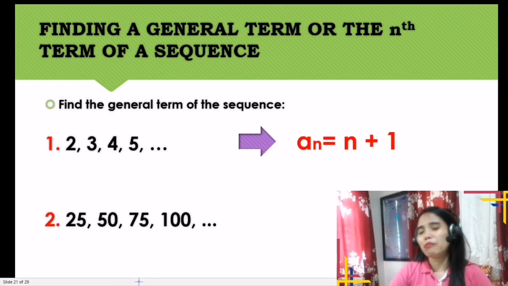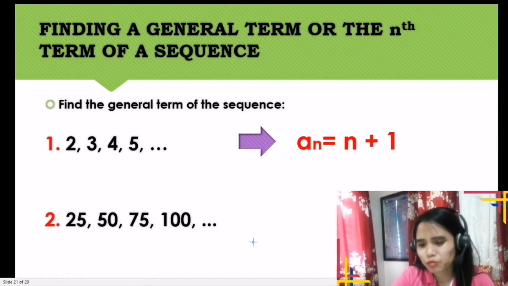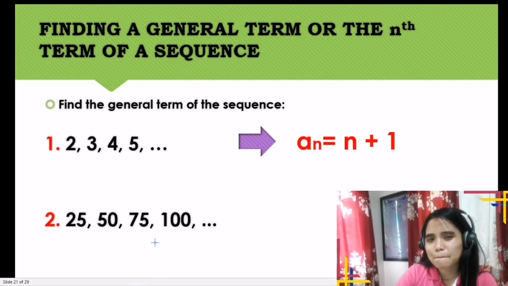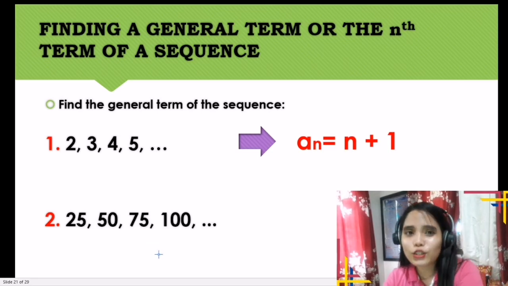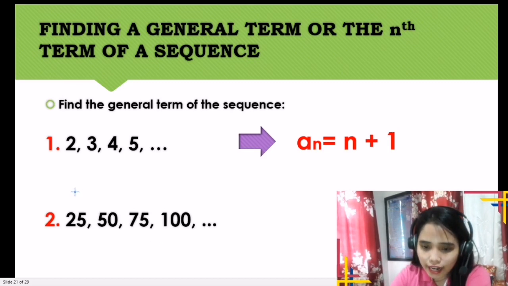So, it is not n plus 25. What could it be? That's right. We will multiply 25 by the term number. Remember, the n here is 1, the n here is 2, here it is 3, and here it is 4.